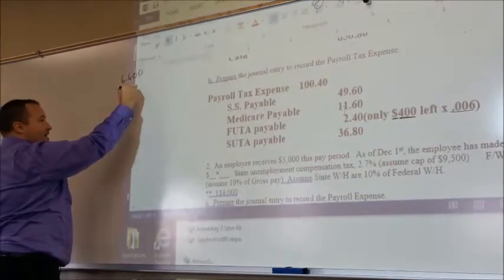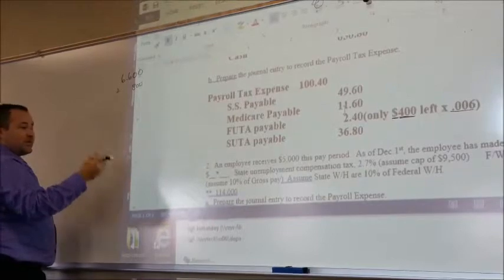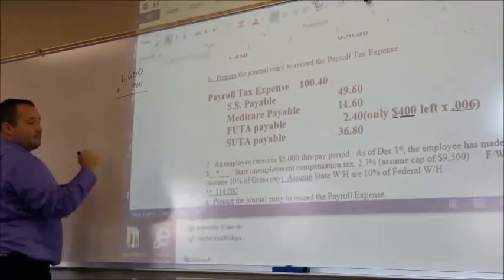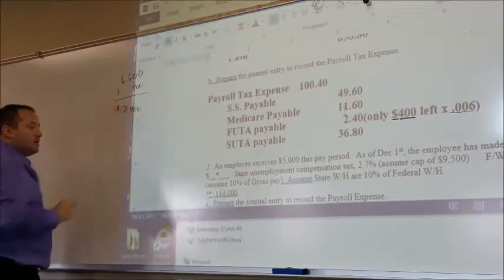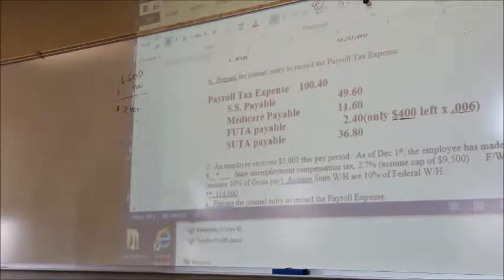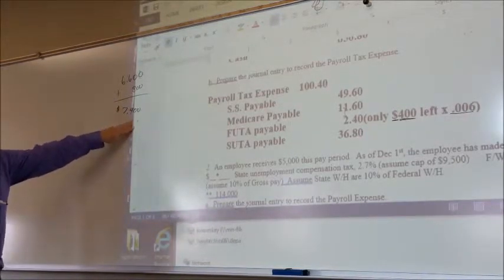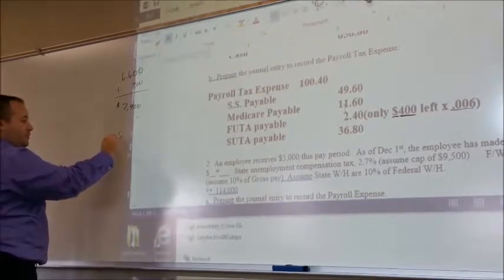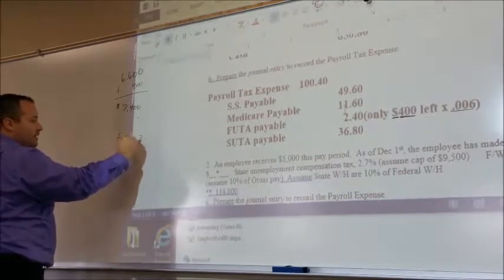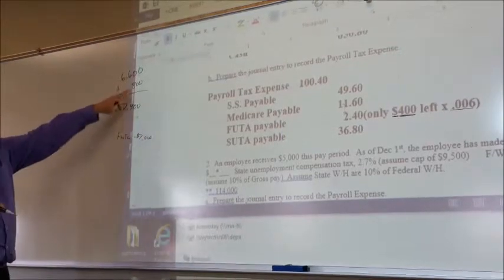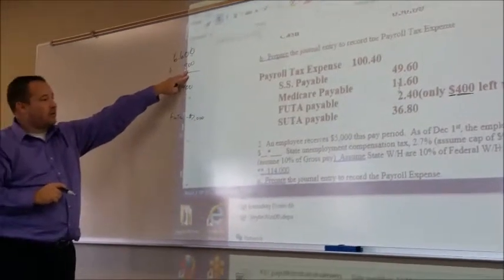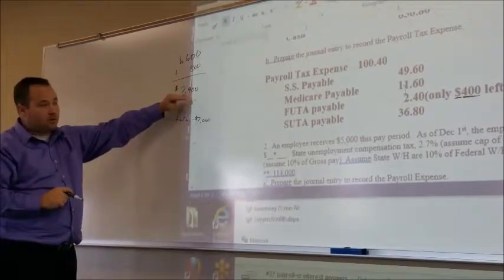If I add in the 800 this time, I have now hit $7,400 earned. That's over the FUTA cap. If you remember the FUTA cap that I want you to memorize, it's $7,000. So I don't want to be taxed on all $800, because that's going to take me over.